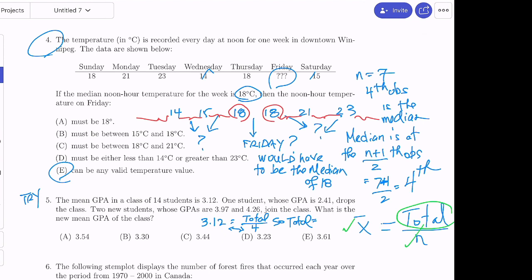This is algebra. If you have an algebra problem, let me know. But for this, I'm going to find the total by 3.12 times 14. So that makes the total 12.48. Now, I'm going to manipulate the total. I'm going to subtract this, I'm going to add this, and then calculate the new mean. What do you get?